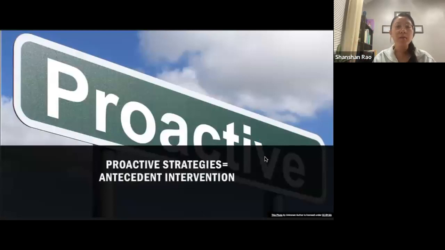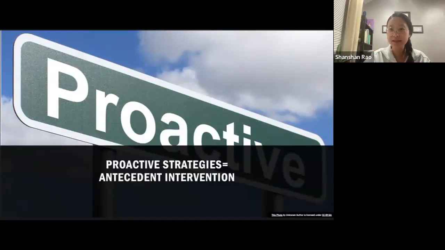Okay, so proactive strategies are basically antecedent interventions. And I also want you to know that antecedent intervention is basically helping us as teachers or therapists to get instructional control.